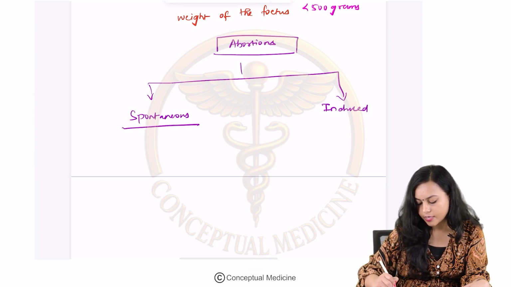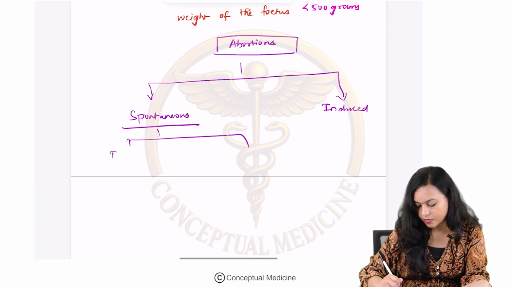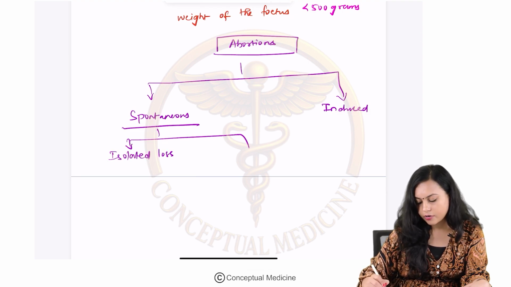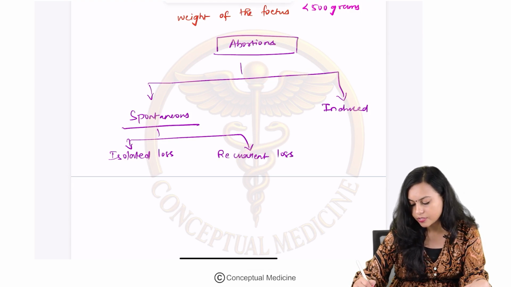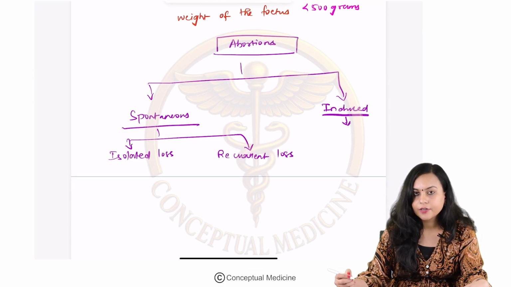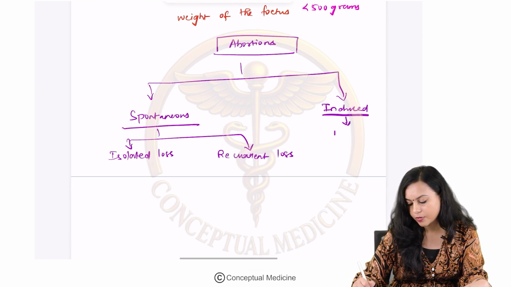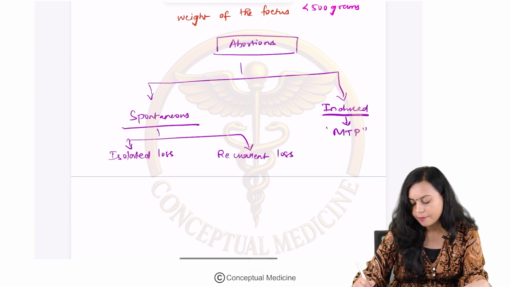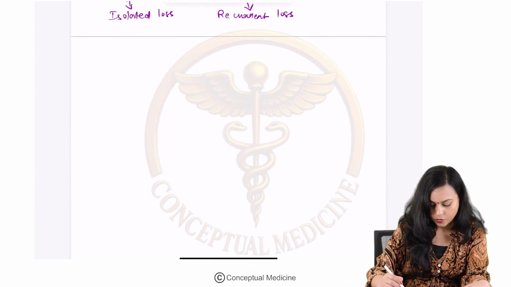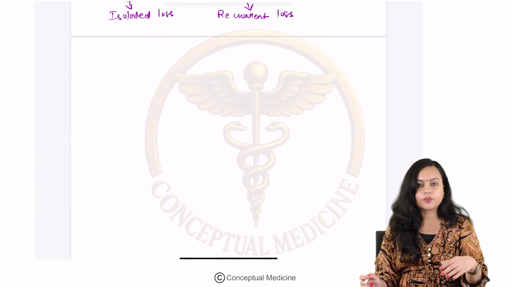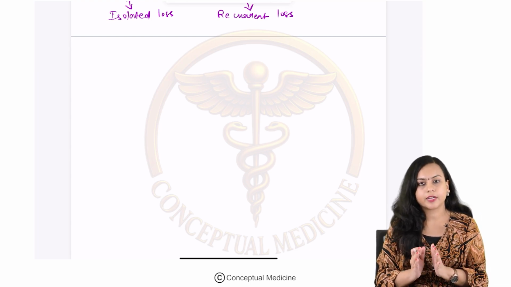Spontaneous abortions can be isolated losses or it can be a recurrent loss, and induced abortions are the pregnancies which are terminated due to some indication. This commonly falls in the group of medical termination of pregnancy. Clear? Now, in this video, we are going to discuss the isolated spontaneous abortions.